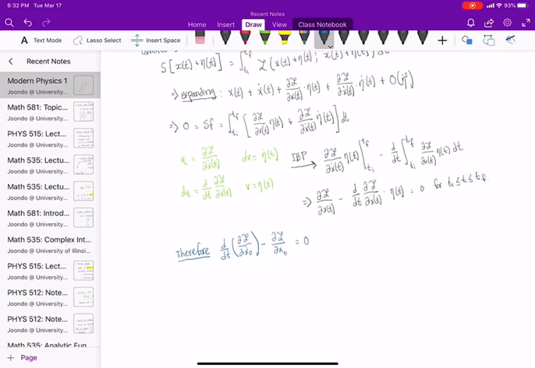Hence, the Euler-Lagrange equations are satisfied for bounded time intervals in the Dirichlet conditions.